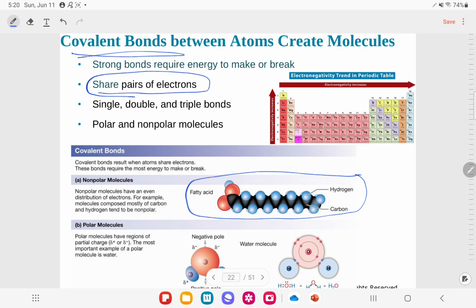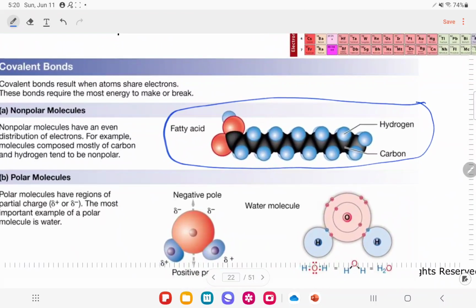This is the unequal distribution of electrons. And you can see right here, let's bring this up a little bit. I'm going to highlight this right here. You have a partial negative charge from that oxygen, and a partial positive charge down here because of that hydrogen. Notice how we have all these electrons associated up here, but we have some positiveness coming from that hydrogen down in this region.